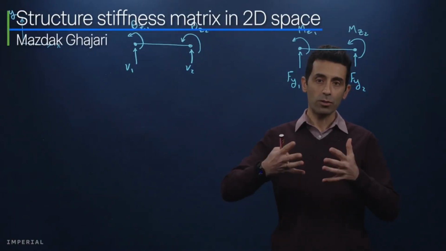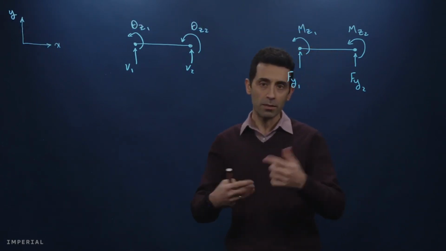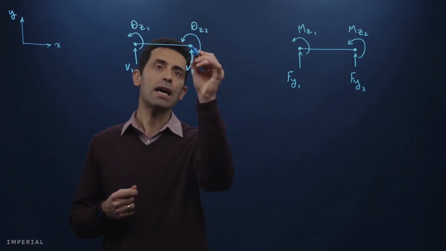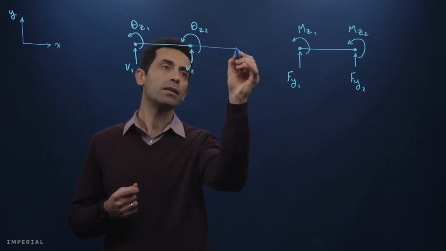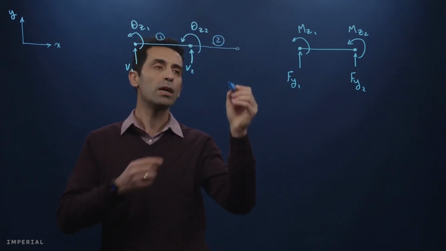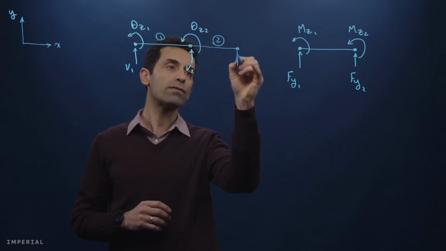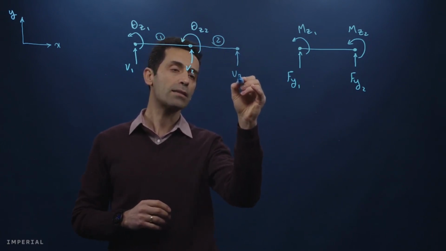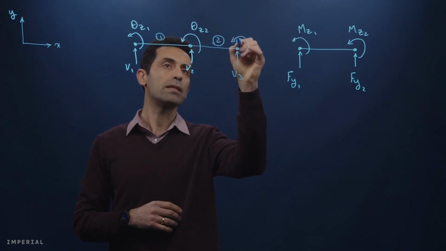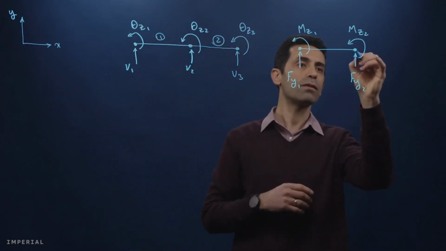Okay, now we are going to extend the element into structure. And as simple as we can do, we can consider a structure made of 2 beam elements. So we just add another beam element here. Let's call this one element number 1, and this one element number 2. This one now adds a new node with its own degrees of freedom. So let's add this translation in y direction and rotation about the z, and of course the corresponding forces here.